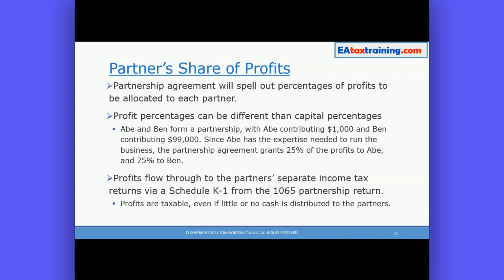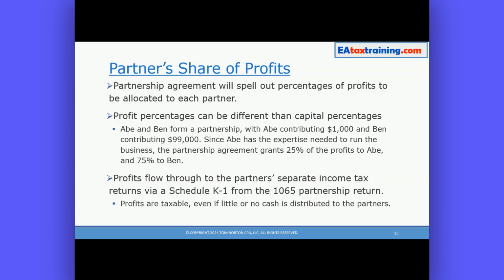The profit percentages can be different than the capital percentages. So, for example, Abe and Ben form a partnership. Abe contributes $1,000 and Ben contributes $99,000. Since Abe has the expertise needed to run the business, the partnership grants 25% of the profits to Abe and 75% of the profits to Ben.